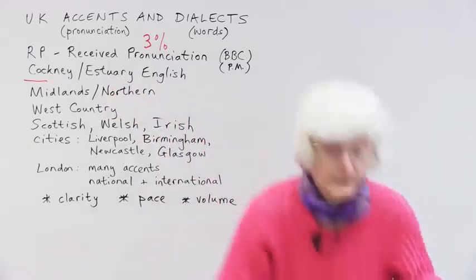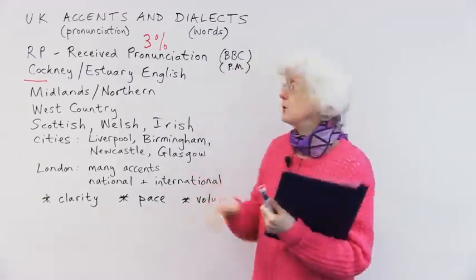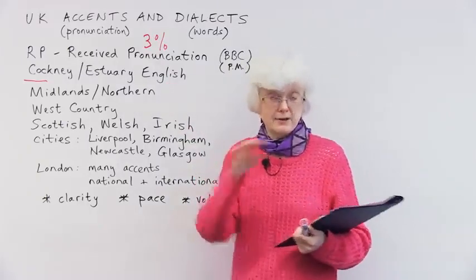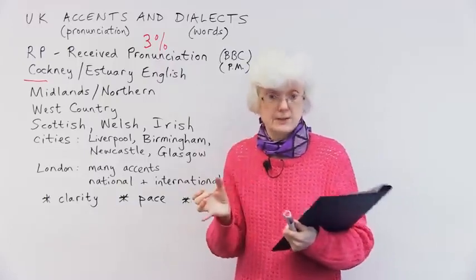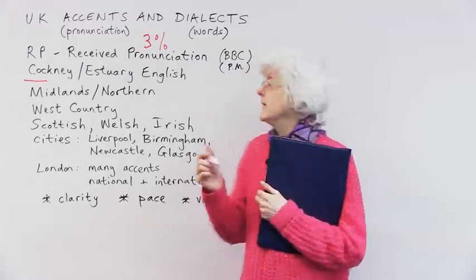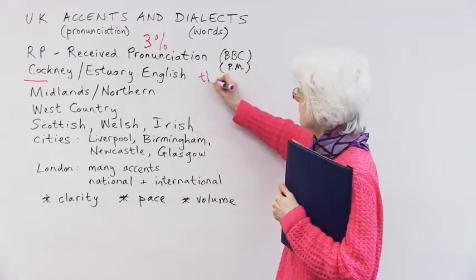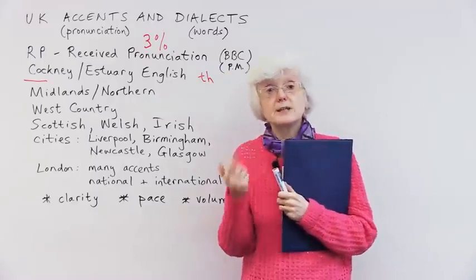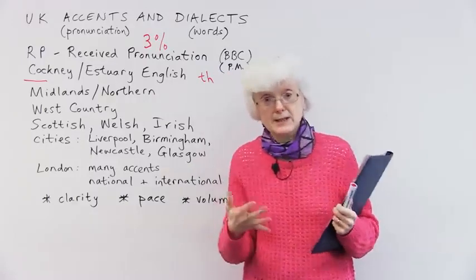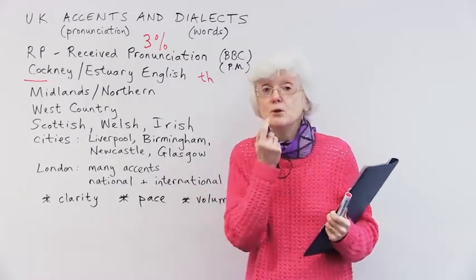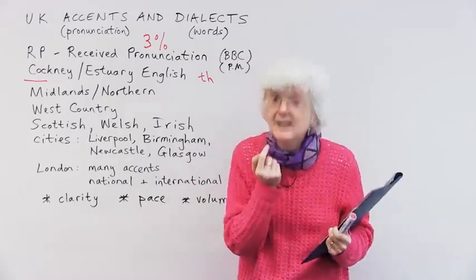So just to give you some examples then of the Cockney accent, there are different features. So one example is the TH sound, as you know, to make a TH sound. Some of you may find it difficult anyway. Th, when you put your tongue through your teeth.